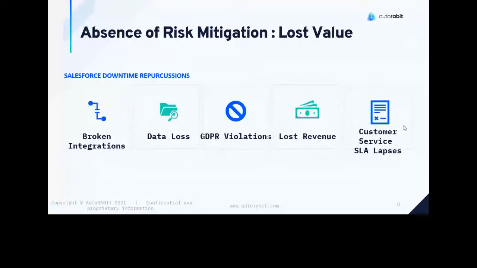If they're in a highly regulated industry, it could definitely differ from one industry to another, one region to another, one company to another, and loss in terms of revenues, of course, if the clients leave, or in terms of paying heavy penalties for violations of all these compliances, and customer service SLA lapses, right?